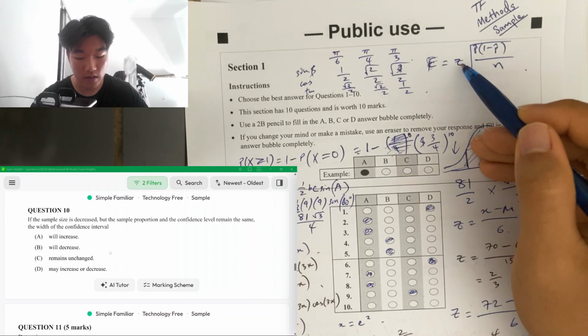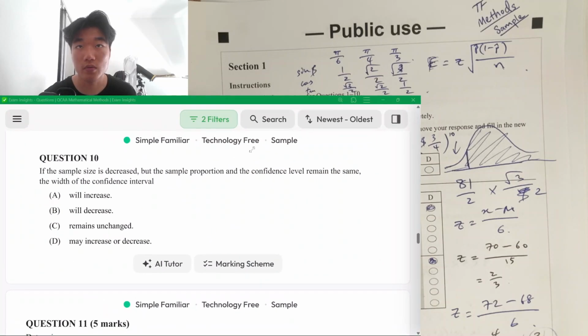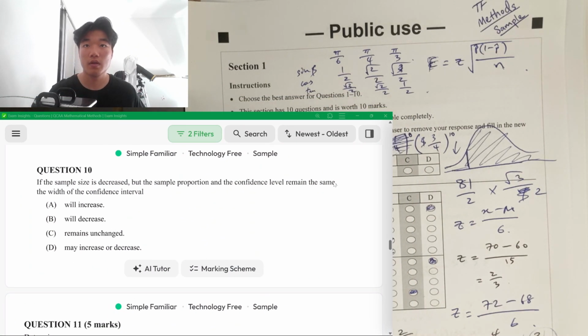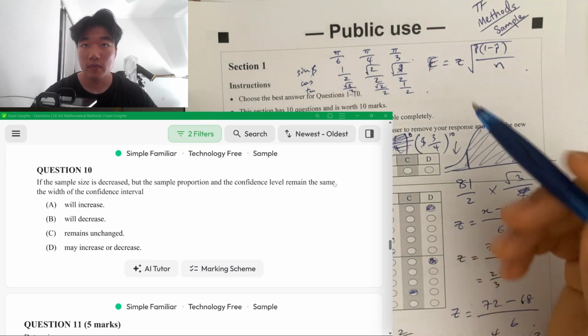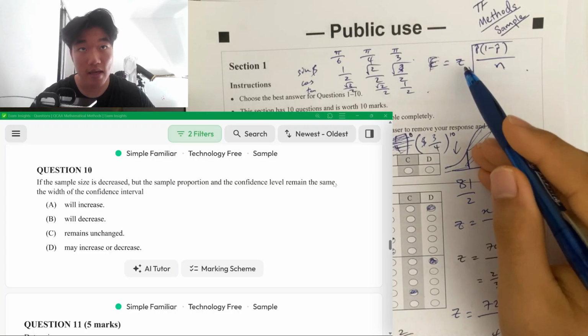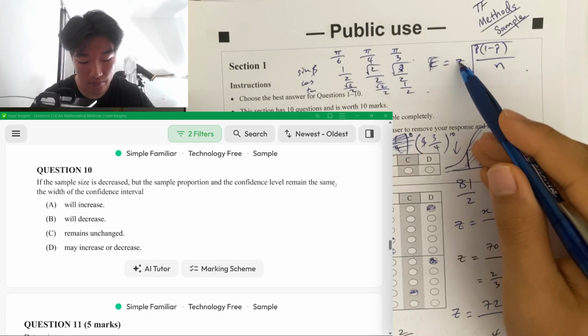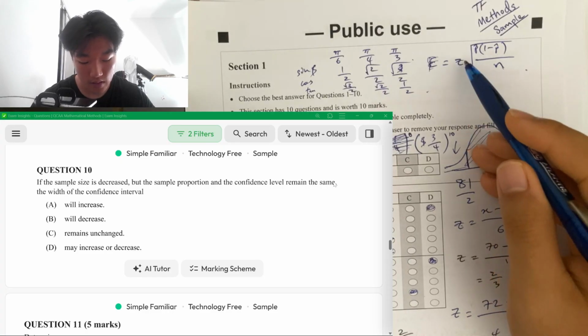So if the level of the confidence interval is maintained, z depends on the confidence level, so this is going to be the same.